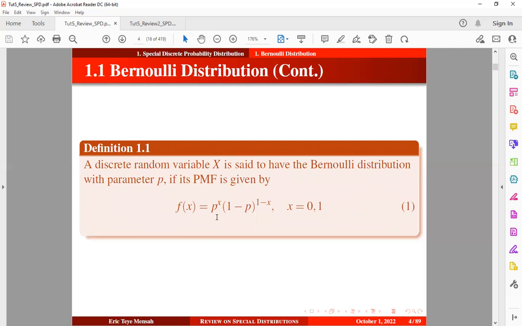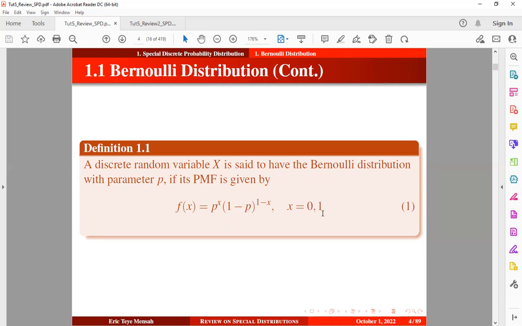We often classify the outcome of interest as success and the outcome that is not of interest to us as failure, okay? So the probability for the outcome of interest is p, and the probability for the outcome that is not of interest to us is 1 minus p, okay? So the random variable X can only take the value 0 or 1. 0 means that the outcome of interest does not occur, and 1 means that the outcome of interest occurs, okay?